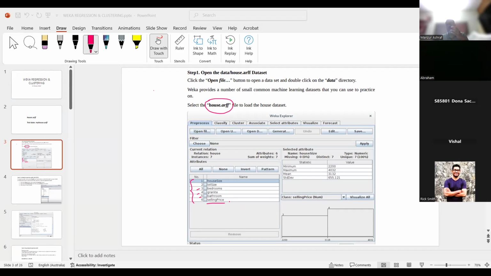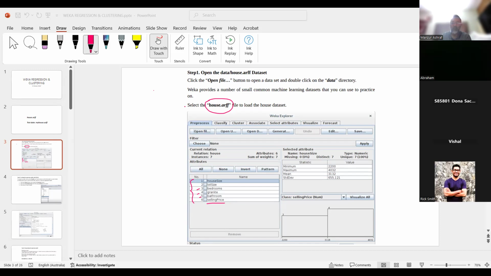Then in future, if I ask what the price of a house is based on this data, the program will identify that. Okay, so that is basically the idea. We'll see these examples.